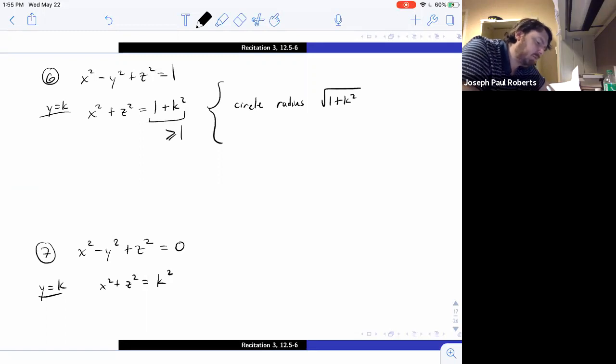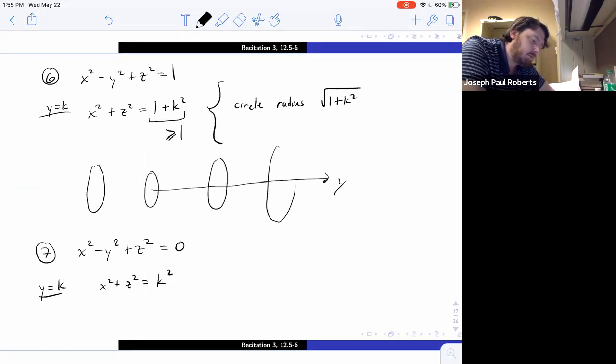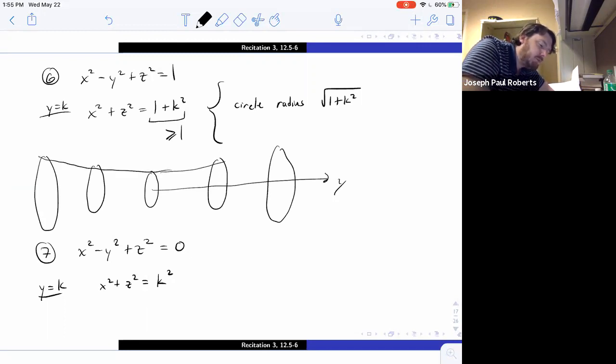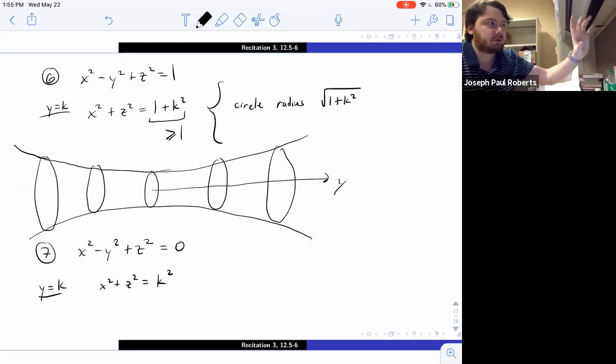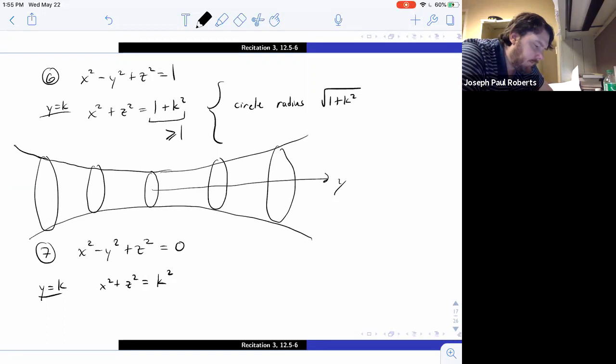And you could plug in some different values and see what ends up happening, but yeah, when k is 0, I get a circle of radius 1, and I get bigger circles the further k gets away from 0, and so I'm not missing any traces in the y equals k trace family. So I just have circles that get a little smaller and then get bigger again. And so that's the idea there. And that's our one sheet hyperboloid.